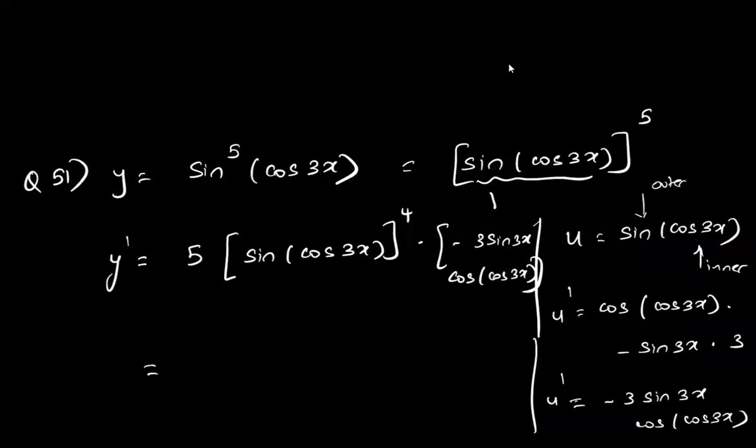So this finally can be written as negative 15 sine to the power of 4 cosine, sorry, cosine 3x, right? Times sine 3x times cosine of cosine 3x. So that is your answer.